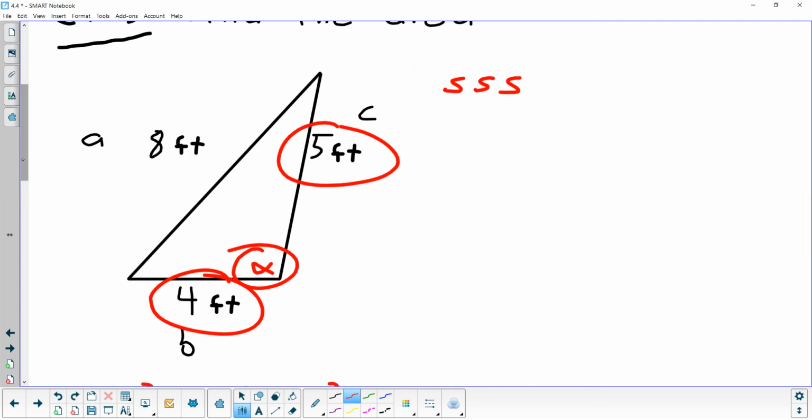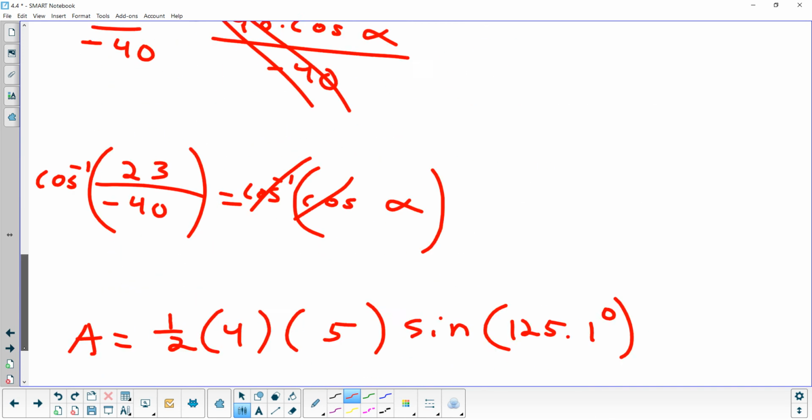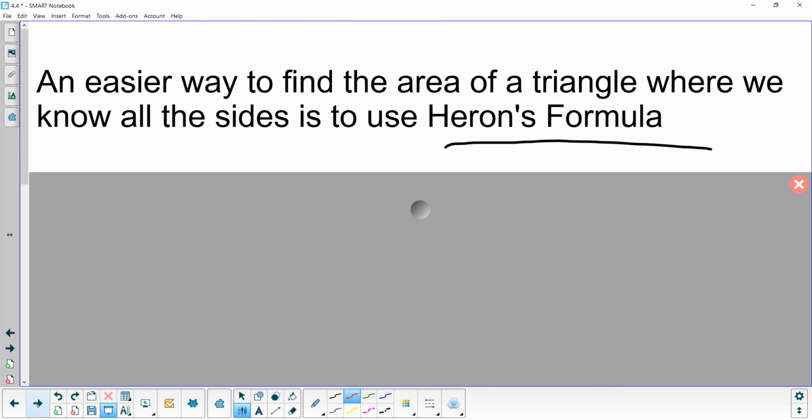So there's an easier way. We don't have to use law of cosines to find one of the angles. The downside is it's another formula you'd have to remember. But the upside is you wouldn't have to use law of cosines. So you can choose which way you want to do it. The easier way to find area when you know all three sides is to use Heron's formula.